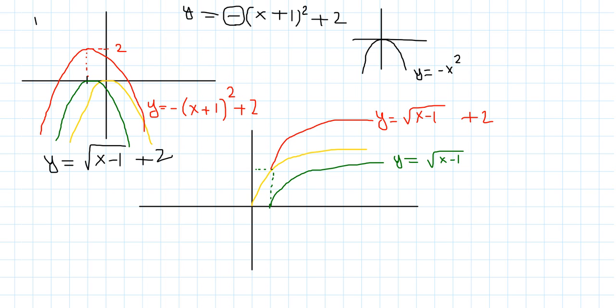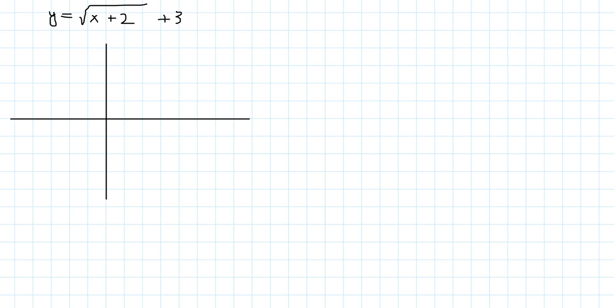Now let's go to another example. Let's erase them. I need to draw this graph, y equals radical (x plus 2) plus 3. At first, because it is radical x, I know it is the radical x graph.